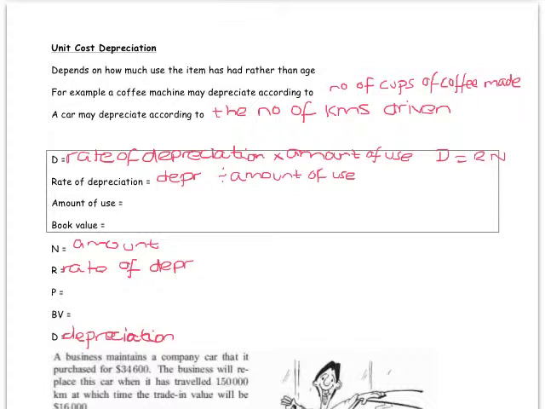So R is D divided by n. The amount of use is also a rearrangement of that. It's the depreciation divided by the rate of depreciation, so n is D divided by R.